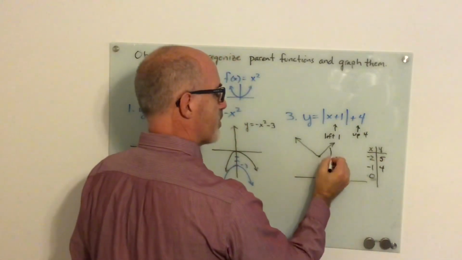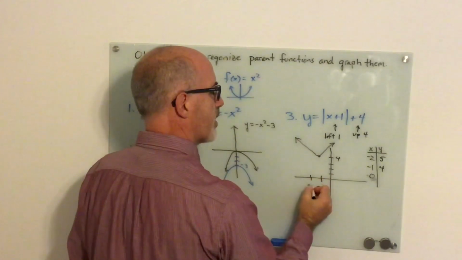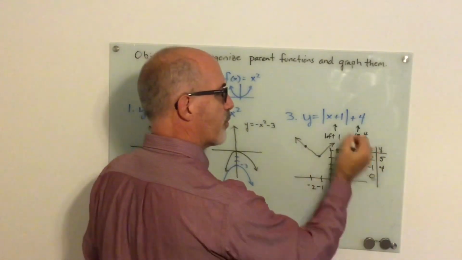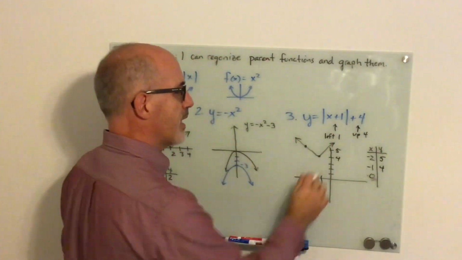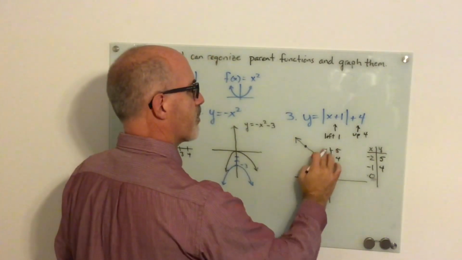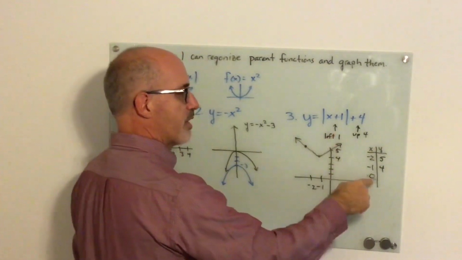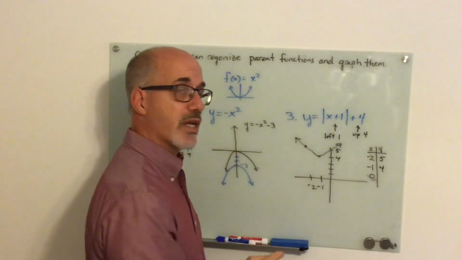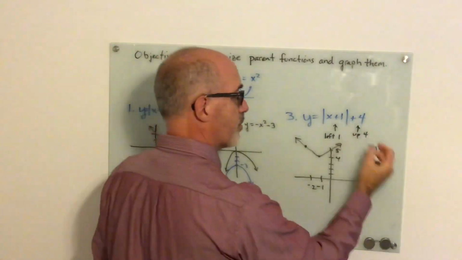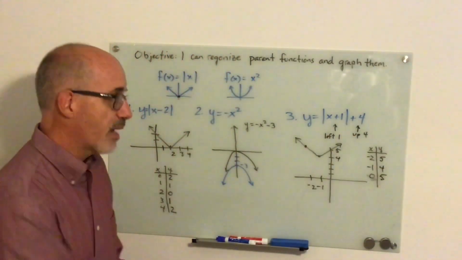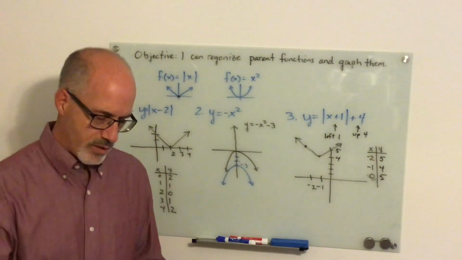So that gives me at -2 up here at 5. Put in 0, 0 plus 1 is 1, absolute value is 1, plus 4 is also 5. And so I get my v moved up 4 units and to the left 1 unit.